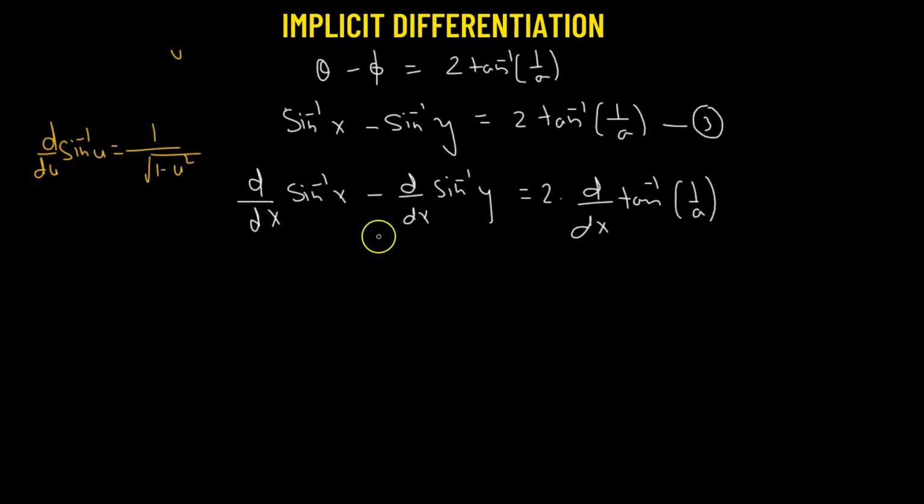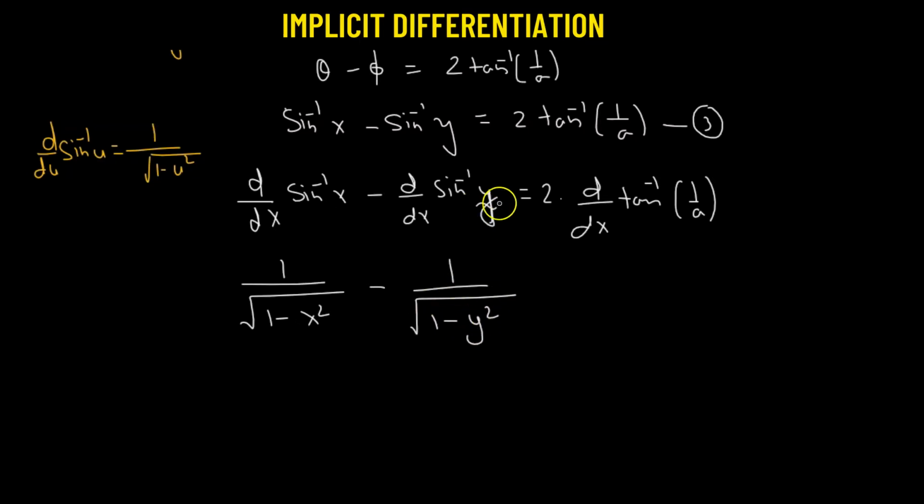That means we now have 1 divided by square root of 1 minus x squared minus the derivative of the inverse sine of y, which will be 1 divided by square root of 1 minus y squared. Since here we have y instead of x, we will need to use the chain rule. We'll multiply the value with dy over dx.